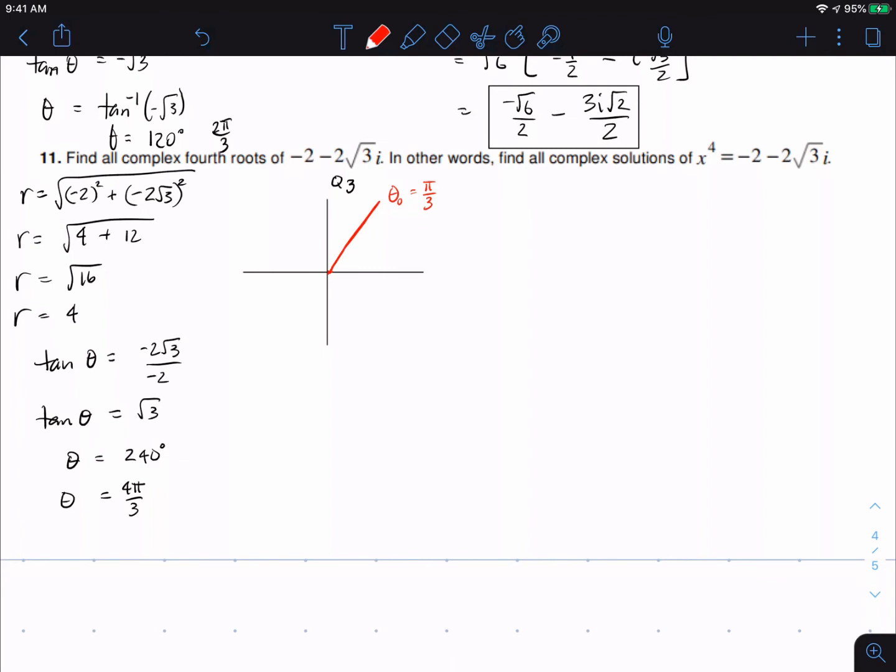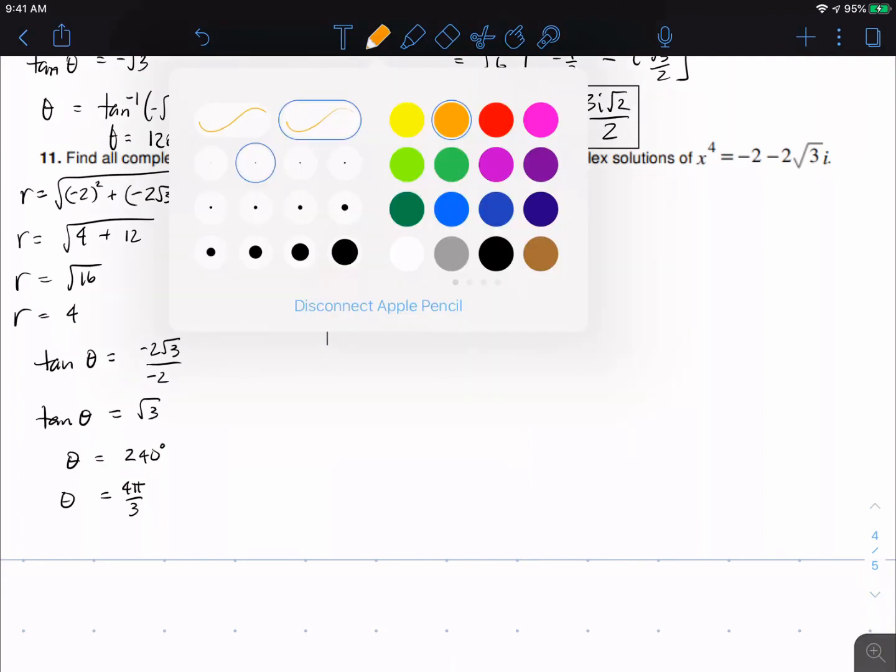So we okay with that? So if I add 90 to it, I'm going to end up over here, right? So that I have a right angle.